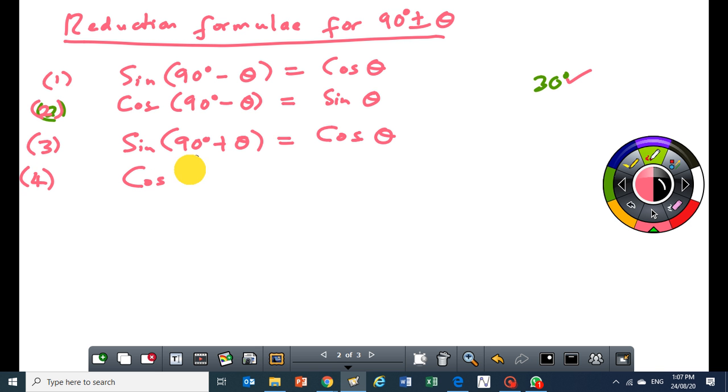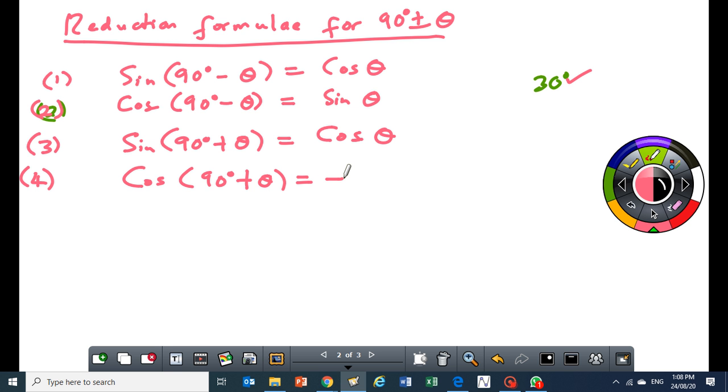cos 90 degrees plus theta. Now, 90 plus theta is in the second quadrant. But because cos of an obtuse angle is negative, in the second quadrant, we can write that using sine.